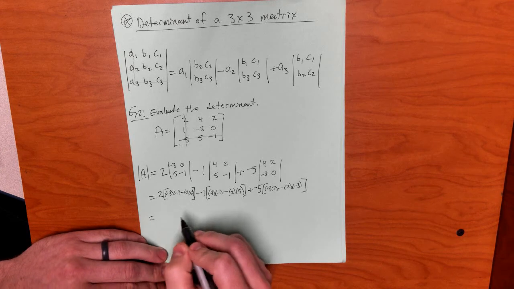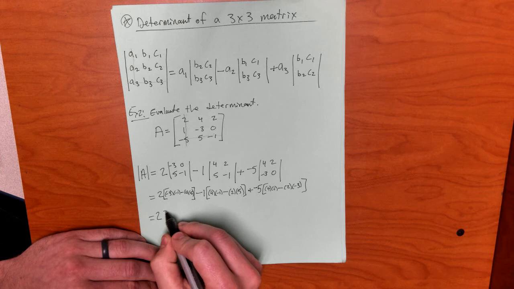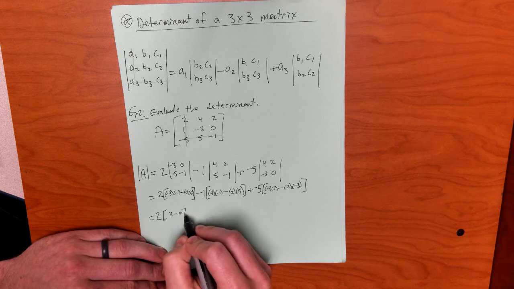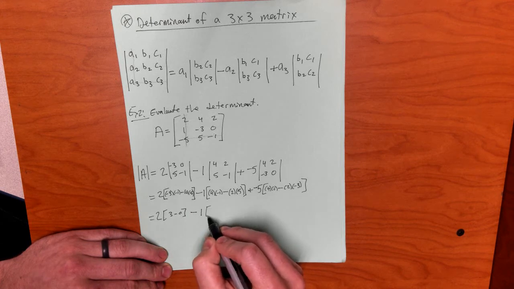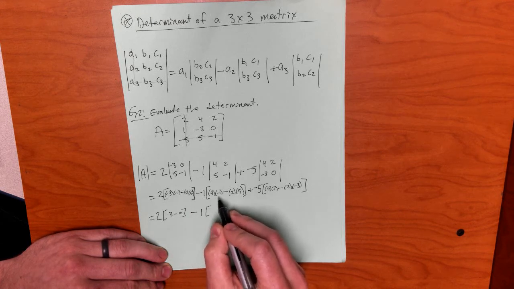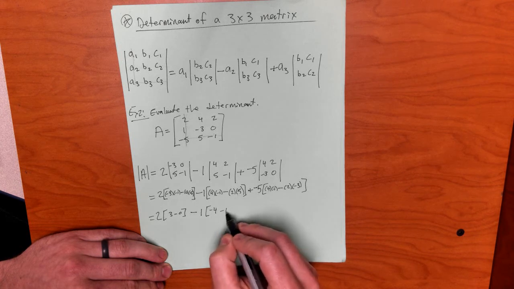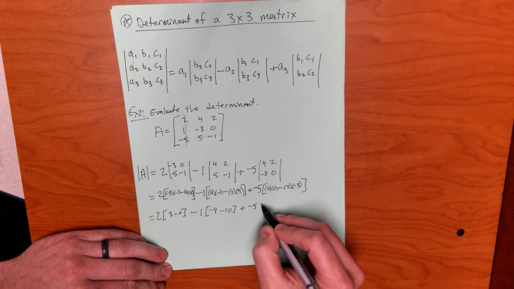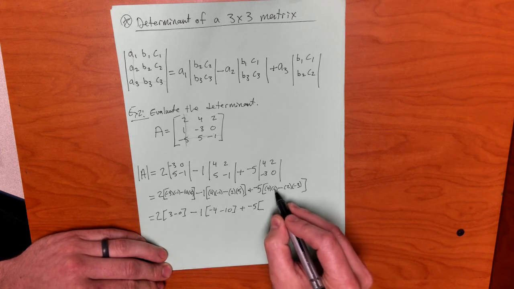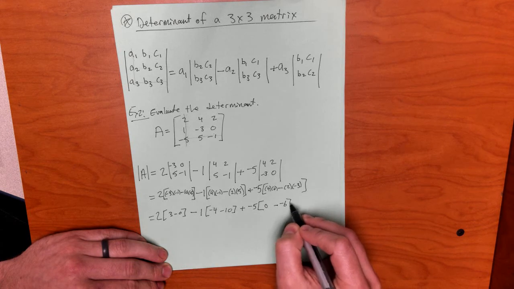So just start with what's in the brackets first. The 2 stays out here, so I will get 3 minus 0. Then this minus 1 stays, and what's in the brackets, 4 times negative 1 is negative 4, and then minus 10. And then we have this plus and this negative 5 over here. So here we get 0 minus negative 6.